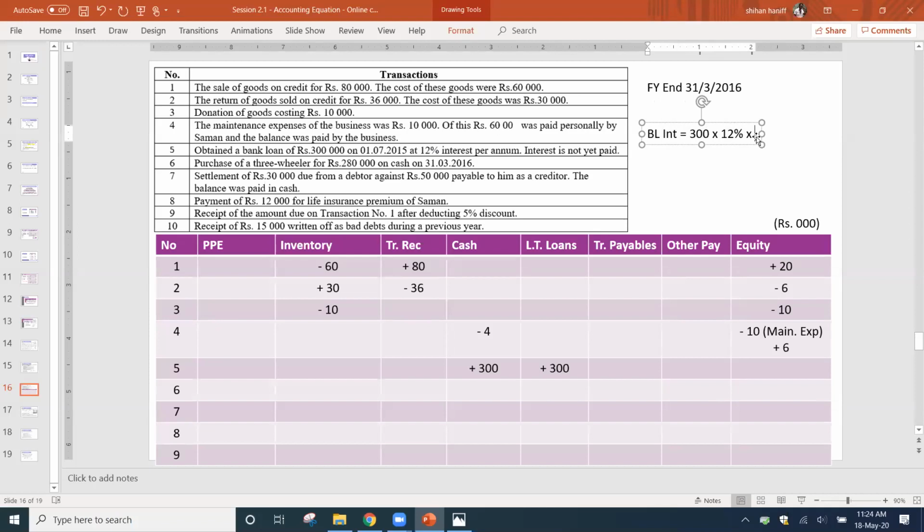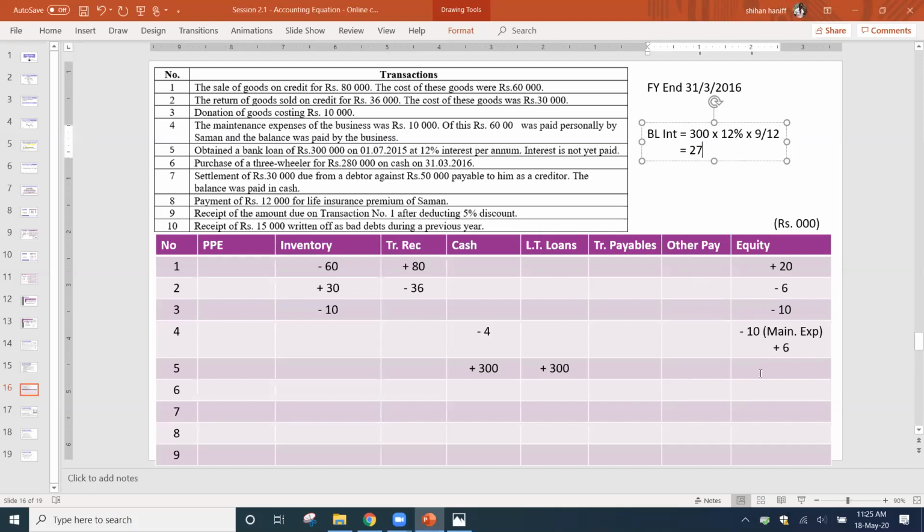July, August, September, October, November, December, then January, February, March, 9 months. So you need to calculate the interest for 9 months. So 9-month interest, 300 into 0.12 into 9 over 12, it's 27,000.